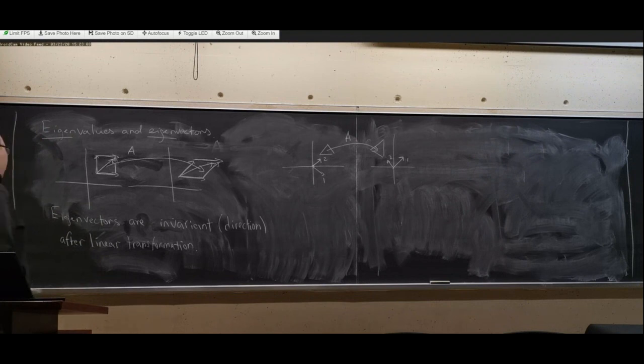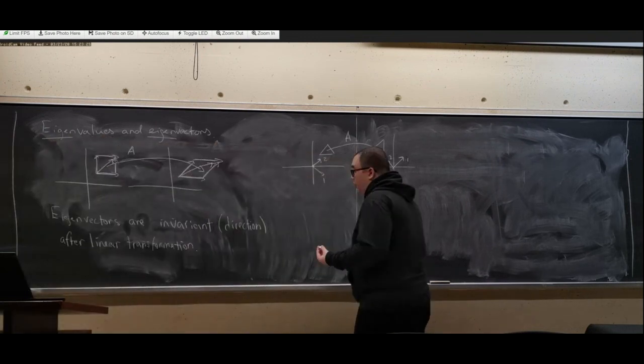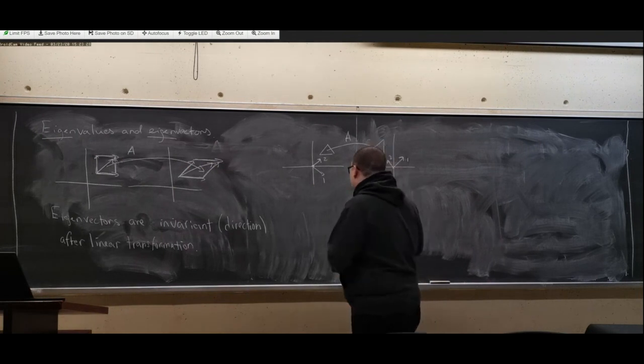And no, we cannot. So the question was, does it make sense to talk about eigenvectors when we're talking about a linear transformation that changes dimensions? Generally speaking, no, it does not really make too much sense to talk about it. Like if you go from R3 to R3, but the result is R2, that is fine.